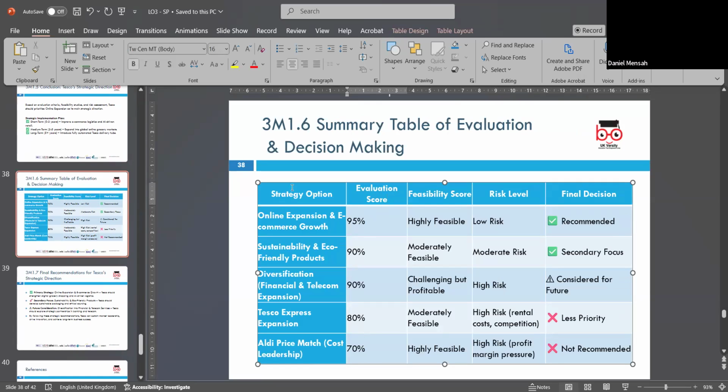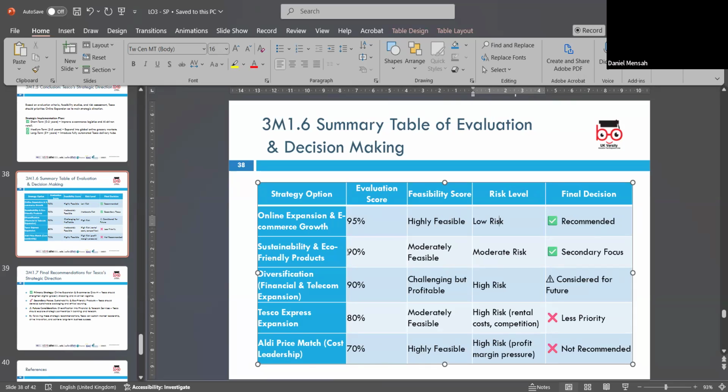In the first column, there are your strategic options. Then your evaluation score is there, feasibility score is there, and which one is recommended.